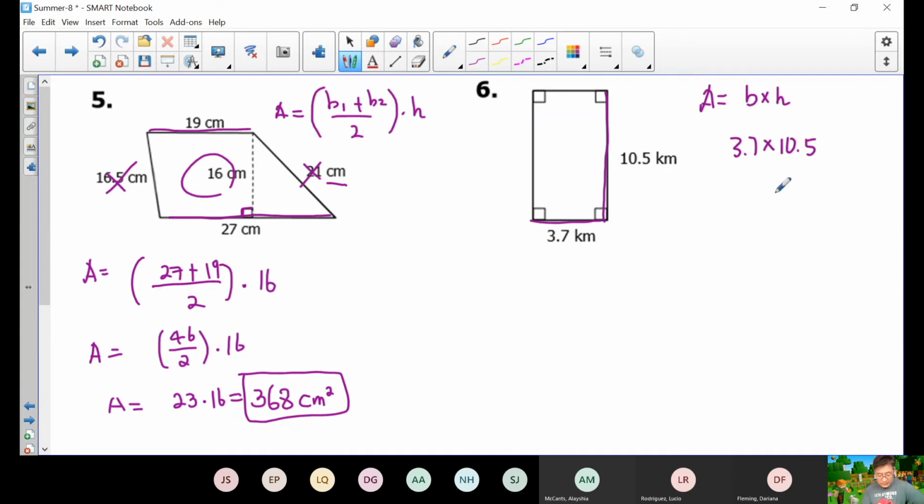I'll use a calculator. That is 38.85 kilometer square. Remember the unit, right? It's quite simple. All right.